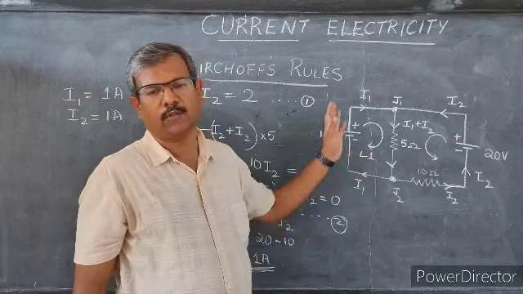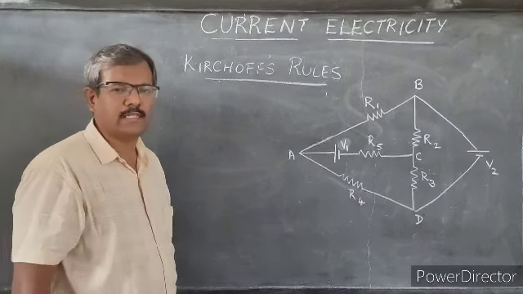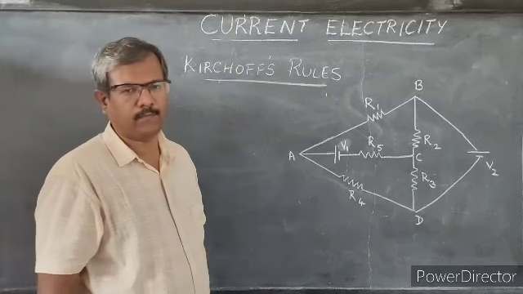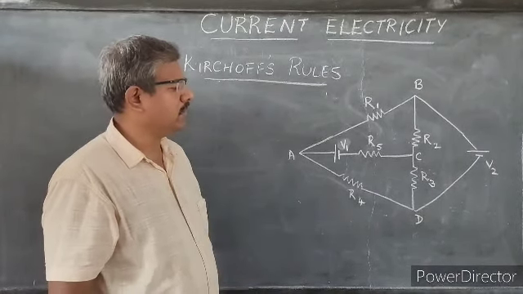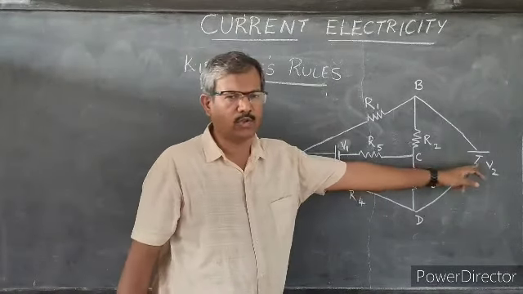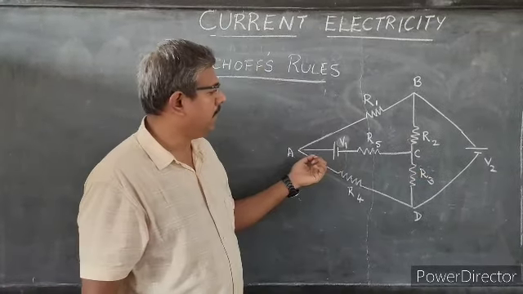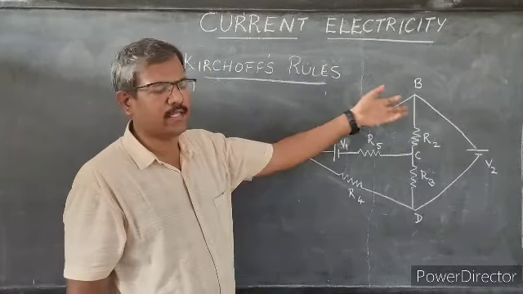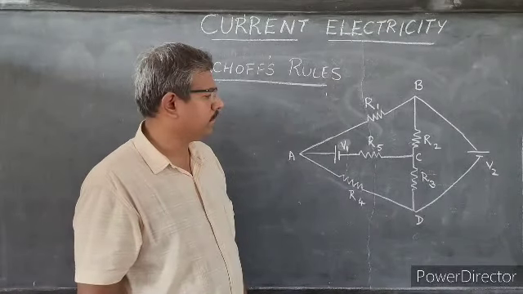Let us consider yet another example where the circuit is slightly more complicated. You can see the circuit that I have drawn on the board. It has two voltage sources, V1 and V2, and it has 5 resistors distributed across various points of the circuit.